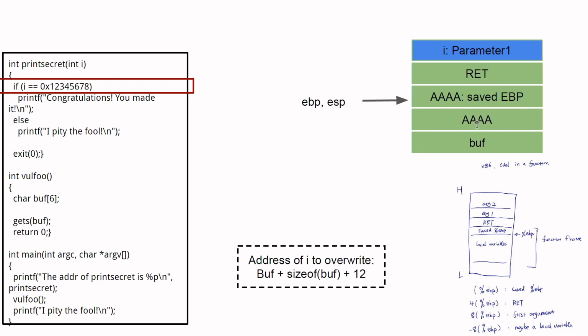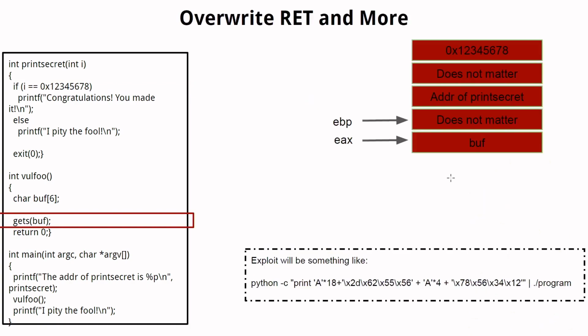The value doesn't matter, but that value will eventually also be copied 4 bytes higher because print secret will treat that as the saved EBP. Then 4 bytes higher will have a return address for print secret. If you want print secret to return again, in this case, we don't care. 4 bytes higher than that, we finally have the parameter, and this function only has one parameter, which is I here.